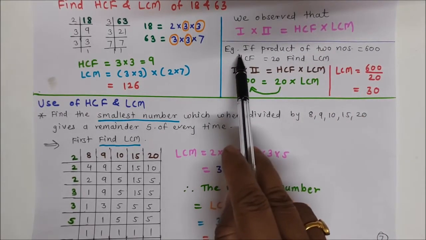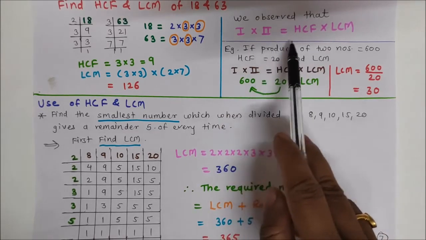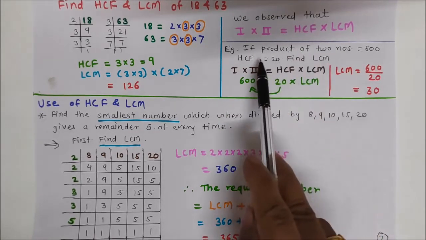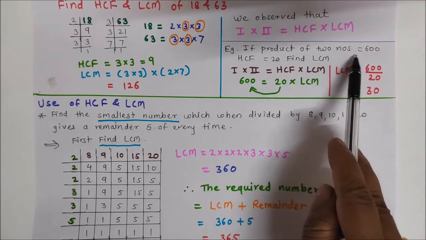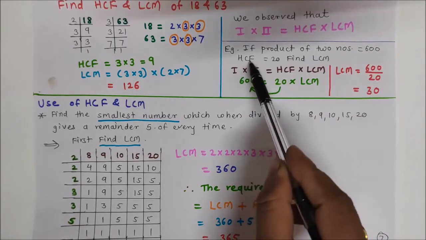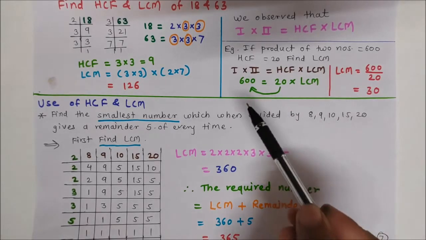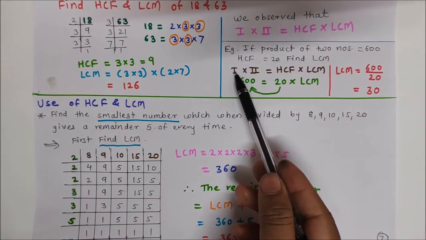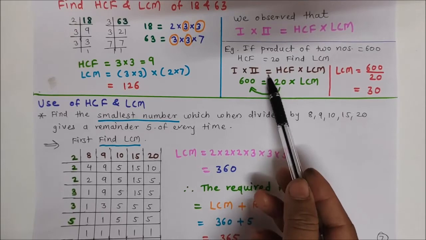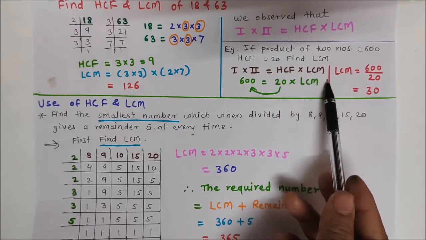Now let's study one example which depends on that formula. If the product of two numbers is equal to 600 and the HCF is equal to 20, find the LCM. We know that the product of two numbers is equal to HCF into LCM.